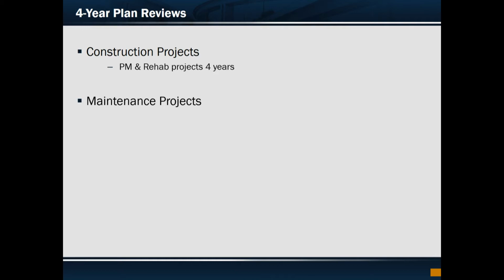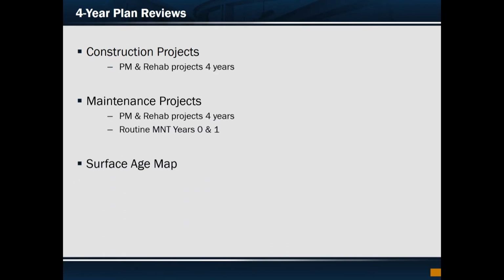And those projects are maintained in one of our systems called DCIS. I'm going to go over that a little bit later. The maintenance projects, which are maintained in our MMS system, use a separate pile of money. So this is mainly the routine maintenance and some of the in-house work and the contracted-out maintenance work.